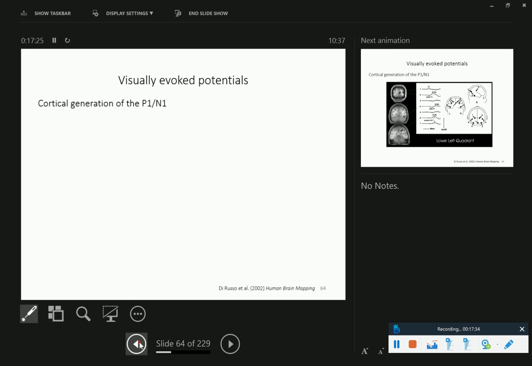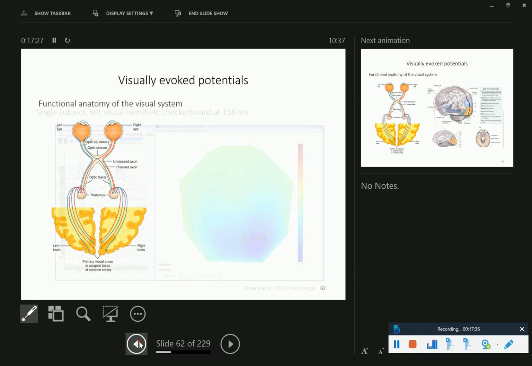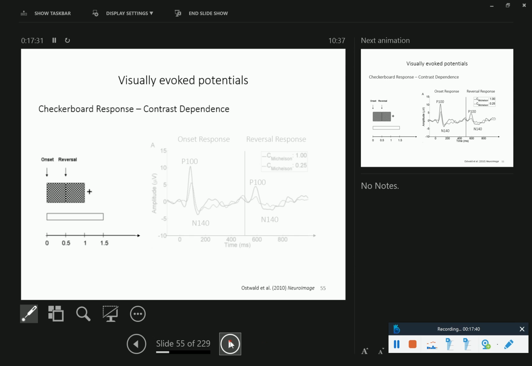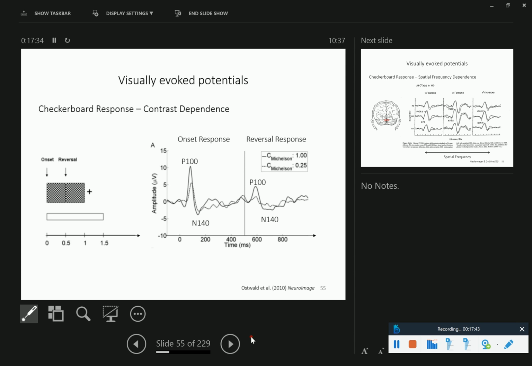I'm now talking you through the story step by step, and in the end you will get a summary. So I'm not presenting you the whole story first and then the individual results. So we will get to the summary. This is the basic response that you observe for checkerboards.